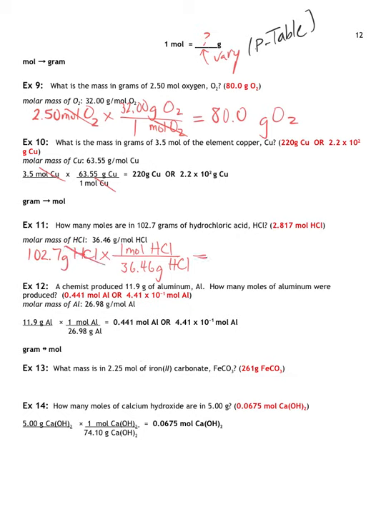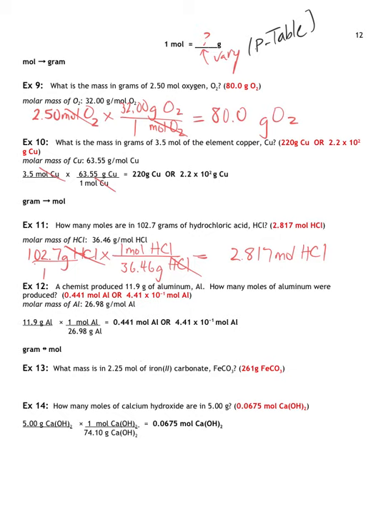You divide those numbers, so you're really taking this number and dividing it. If it's hard for you to see this, you can put a 1 on the bottom. So you're really just multiplying the numerator, multiplying the denominator, and then dividing the two numbers together. And when you divide those two numbers, you get 2.817 moles of hydrochloric acid.